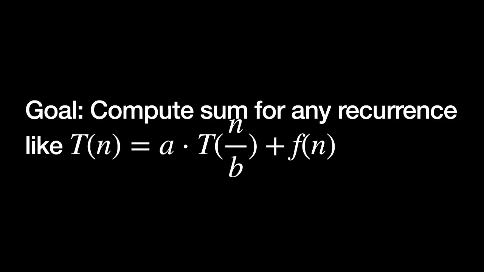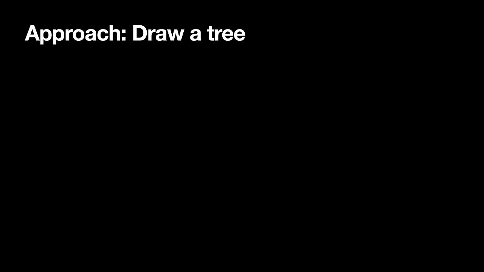One of our goals will be to take this general form and compute the sum for any recurrence of this particular form. One approach we can take is something we've also already done. We can draw a tree that represents the computation that's going on, and then we can do some counting on that tree.